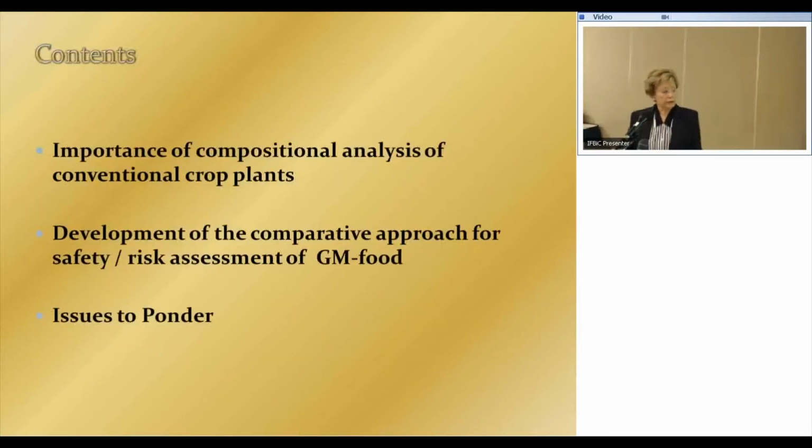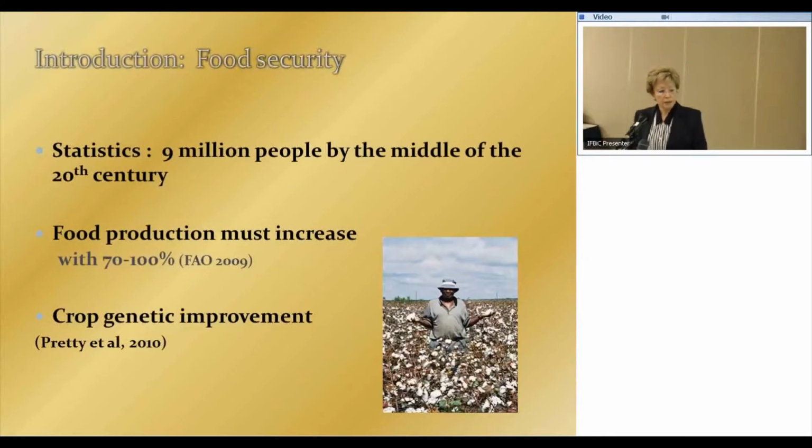The contents of this presentation are the importance of composition analysis of conventional crop plants, the development of the comparative approach for risk safety assessment of GM foods, and then some issues to ponder on. Just as an introduction, food security, and you that have experience of it in countries where we come from, is extremely important.